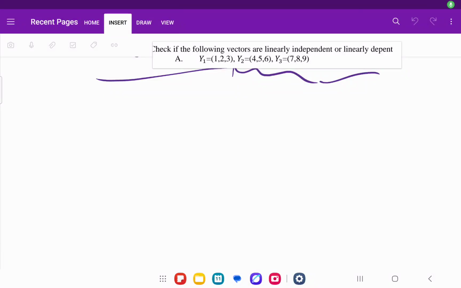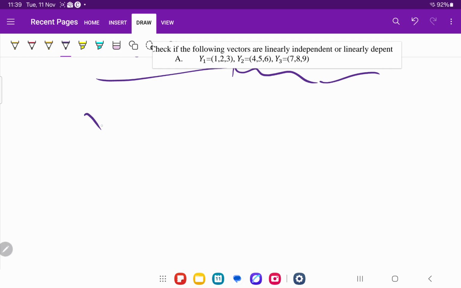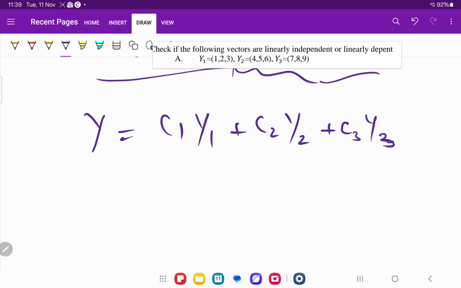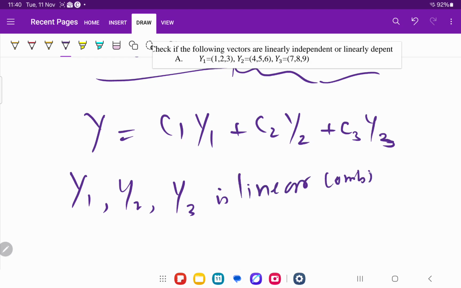Okay, so linear combination, we have understood the idea that, for example, if we have y, so c1 y1 plus c2 y2 plus c3 y3 is the idea that y1, y2 and y3 is a linear combination of y.